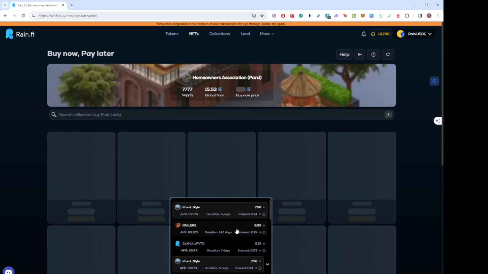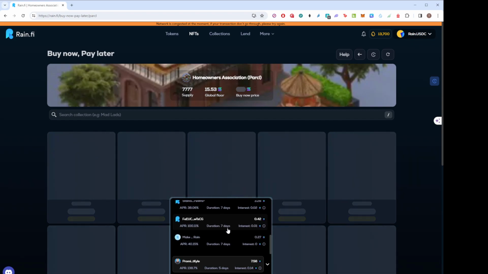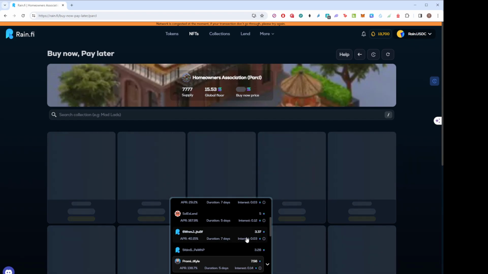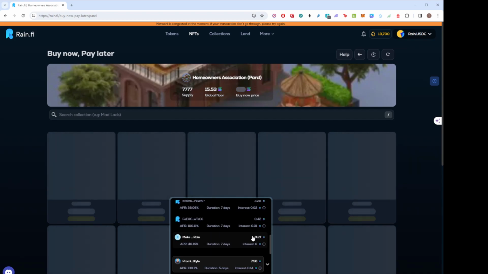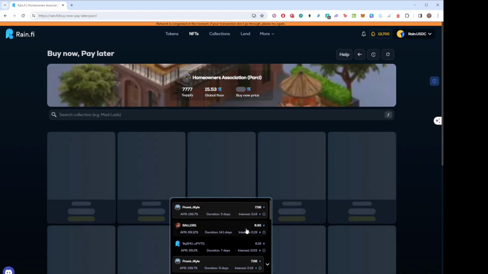So like you can borrow one for 7 days with an interest of 0.03. Which is really good. And there's some longer ones. There's a 14-day one where you only pay 7 Sol up front as opposed to 15. There's a lot of ways you can manipulate these prices if you're in the NFT space.